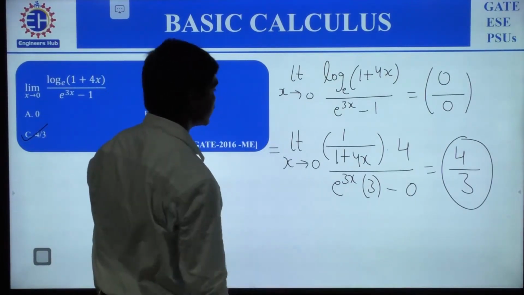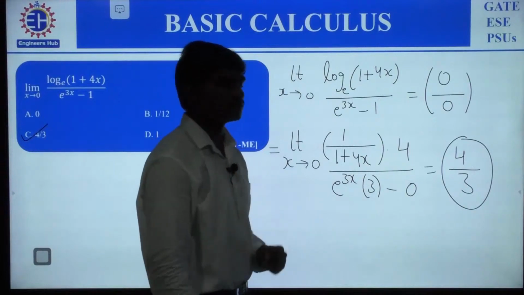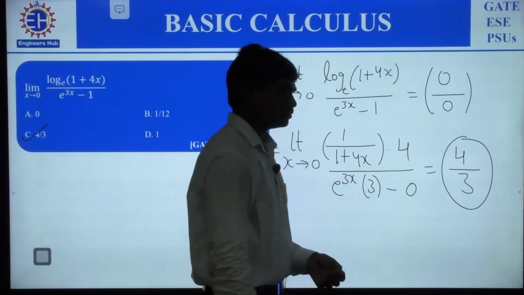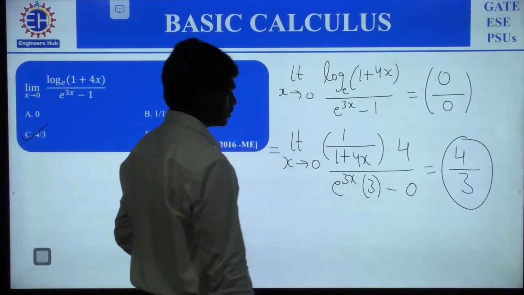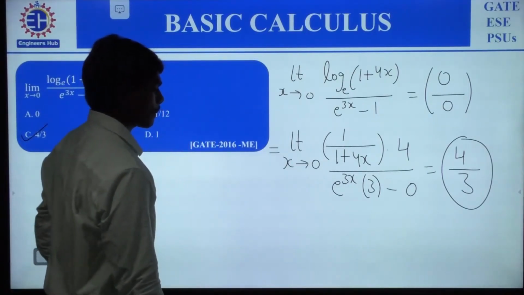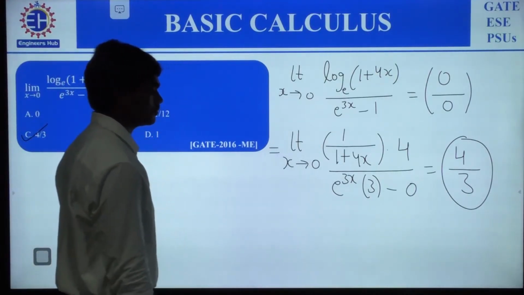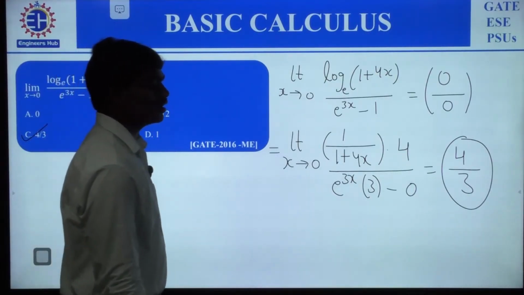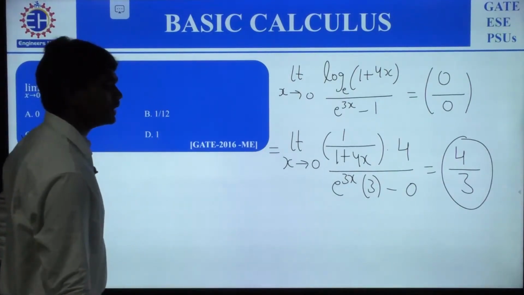And yeah, many of you are getting it correct. So the answer is 4 by 3, just application of L'Hospital once. Okay, so if you applied L'Hospital just once, you could get the answer as 4 by 3.